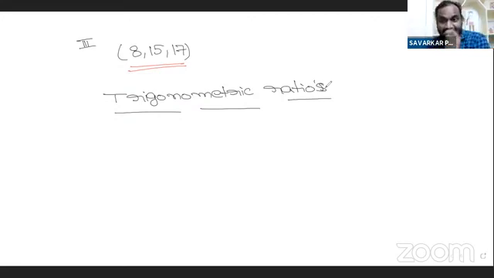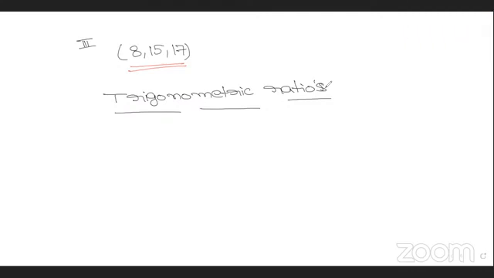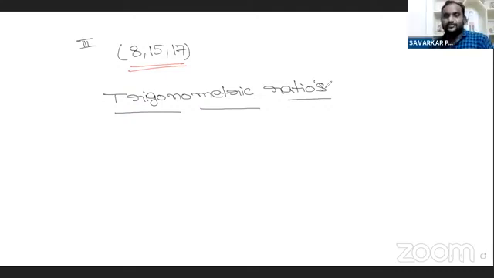So you are measuring angles using the ratios of the sides of the triangle. The ratio of sides can give you the angle. That is called trigonometric ratios.